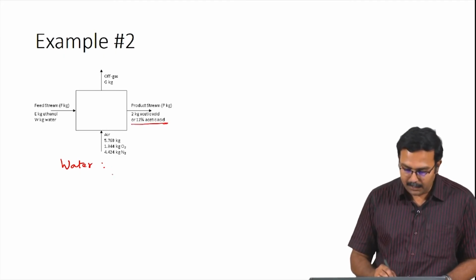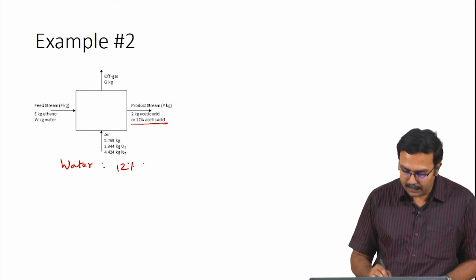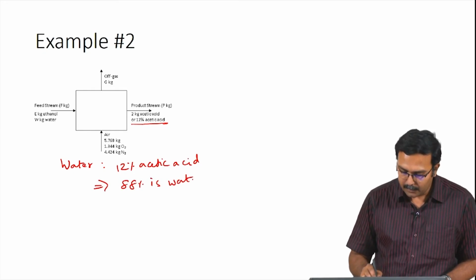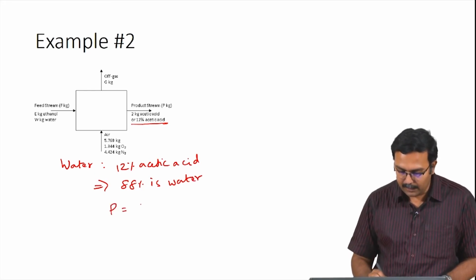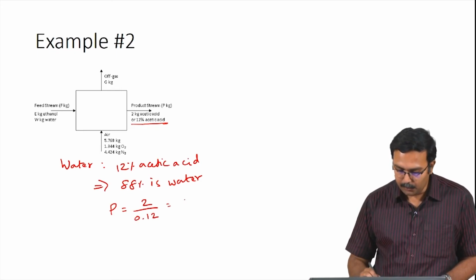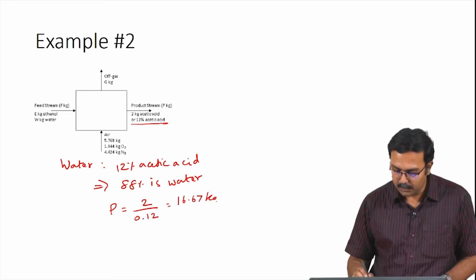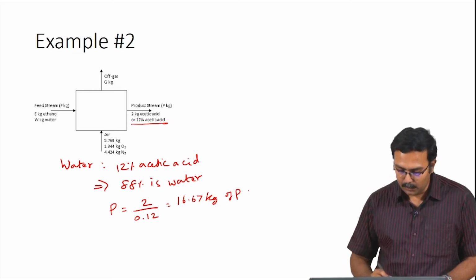The product stream contains 12% acetic acid, which means the rest 88% is water. So, the mass of the product stream P can be calculated as mass of acetic acid divided by the mass fraction of acetic acid, giving you a value of 16.67 kilograms of P, which is the acetic acid solution.